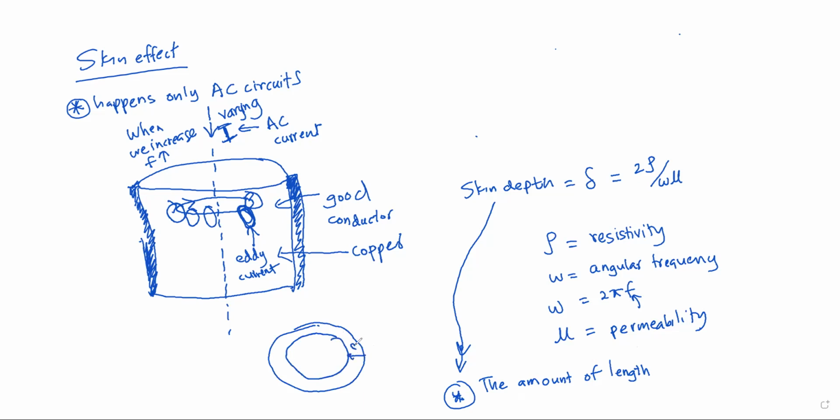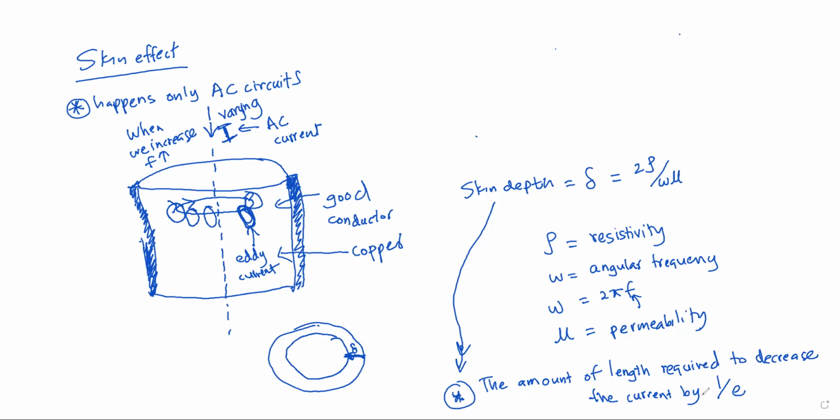If we take the top view of the conductor and move from one end to the inner side of the conductor by a certain length, the length delta that we move gives us the amount of length required to decrease the initial current value by 1 over E. E is a constant value.